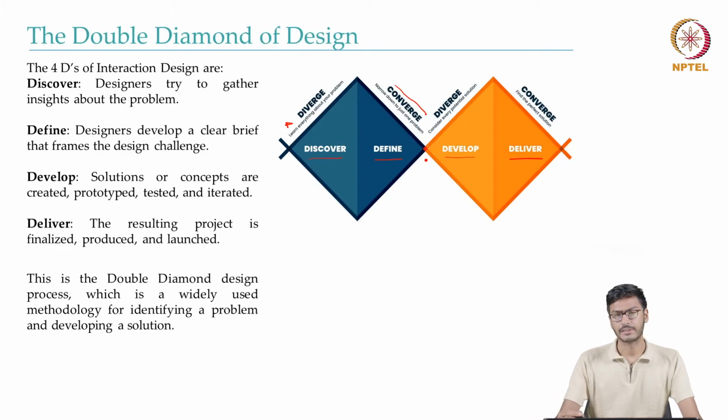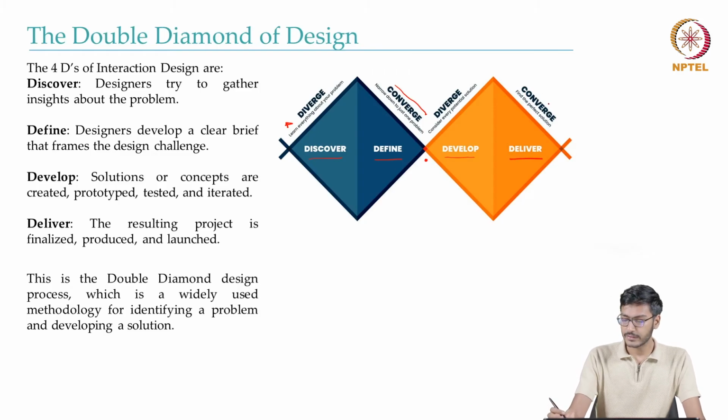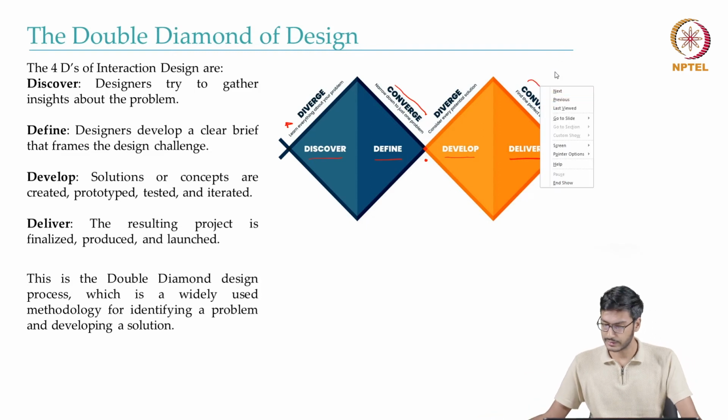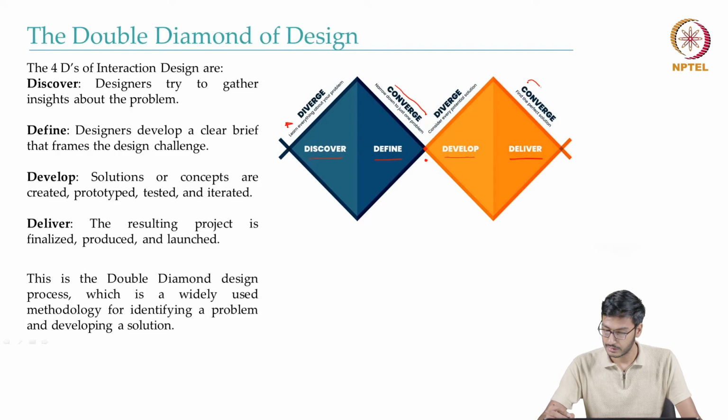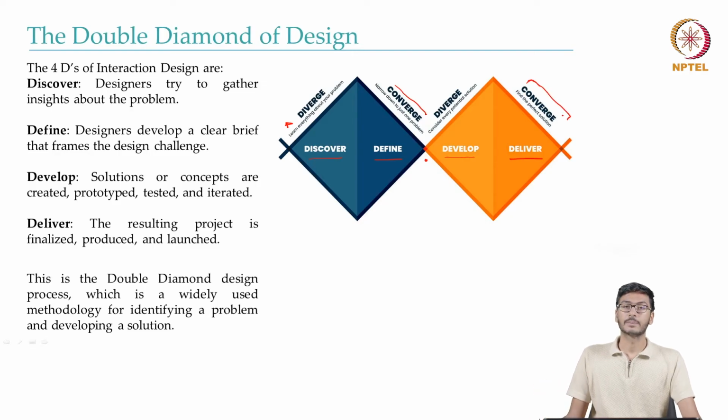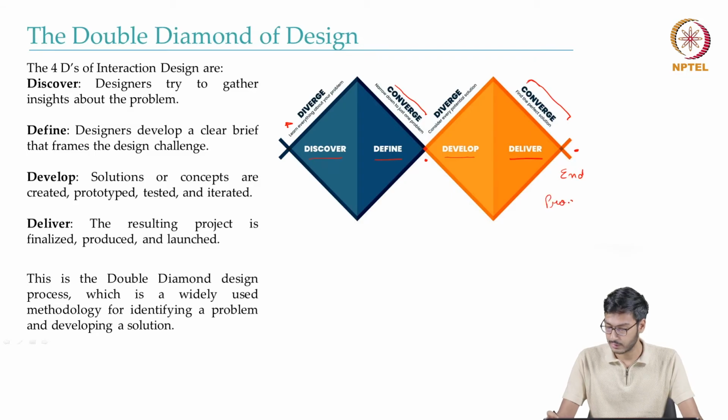And then again, we diverge to give potential solutions for the problem. And once we reach the perfect solution, we again converge to find the perfect solution. And this is basically our end product or solution.